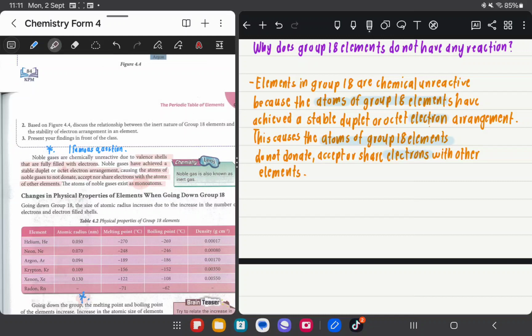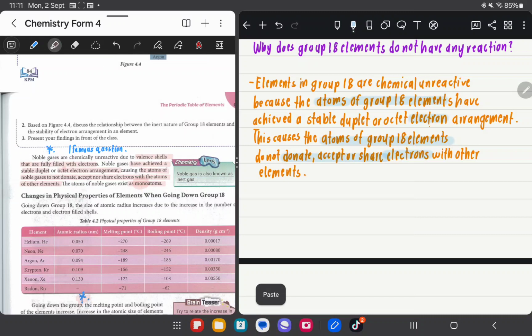My tips is I usually would say the atom of group what. Kalau macam group 18 lah. Kalau macam group 1 lah. Kalau macam group 2 lah. Tapi tak boleh group 2 pun. Kalau macam group 17 lah. So I say the atoms of group 18 elements do not share, receive or whatever lah. These three words lah. Okay, do not donate, accept and share.